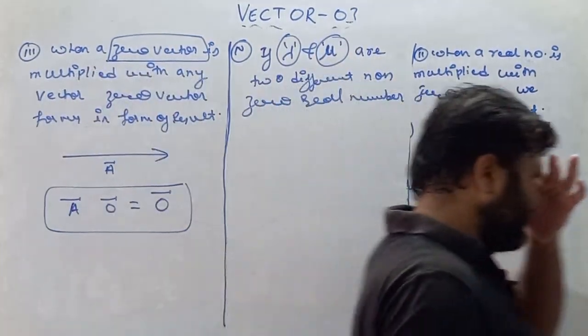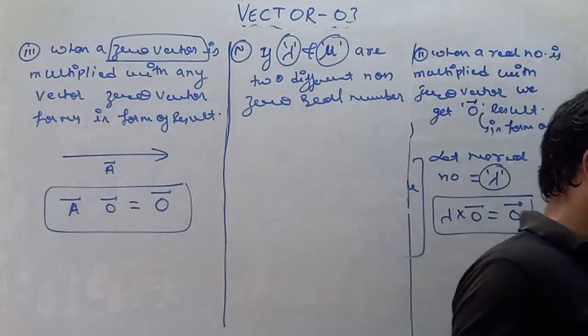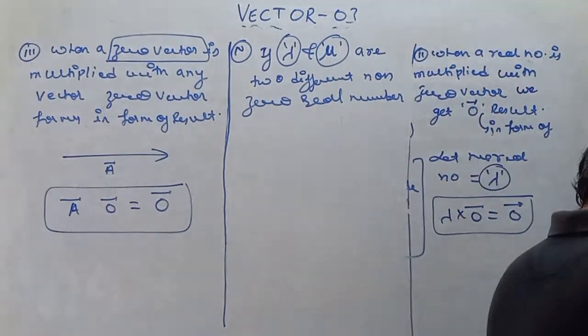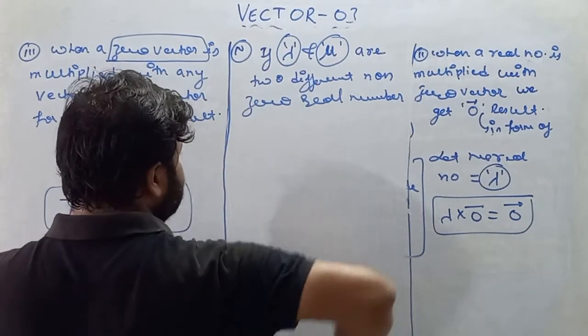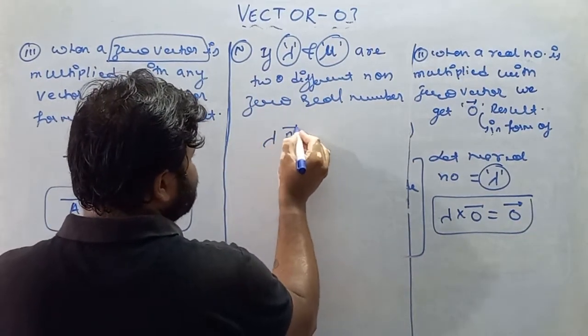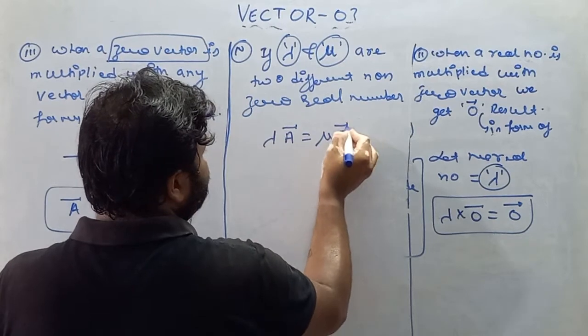One is lambda and another is mu. They are non-zero real numbers. Then we'll write it as lambda a vector is equal to mu b vector.